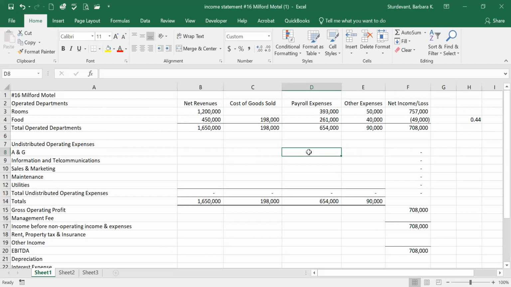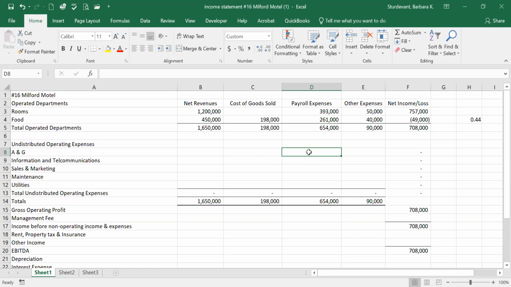Okay, the middle section, always the same five in that order. A and G is always gonna have payroll. That payroll is always gonna have benefits. They may or may not get food. Sometimes they do, sometimes they don't. Just go with what you have.